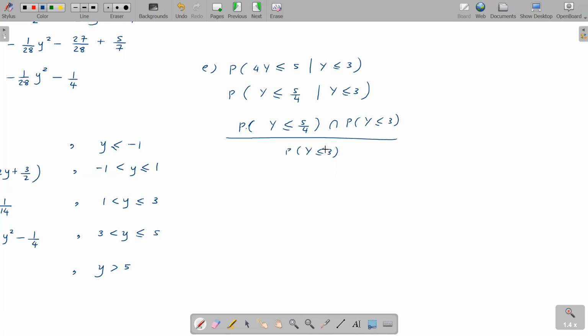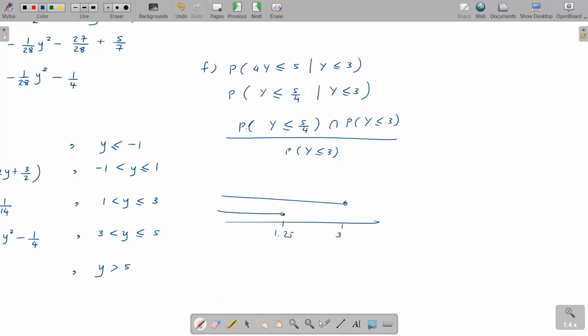Are you with me? Part F, right? Sorry, yeah, part F. Okay, so now what's the intersection of y less than or equal to 5 over 4 and y less than or equal to 3? 5 over 4 is 1.25. So y less than or equal to 1.25 and y less than or equal to 3.